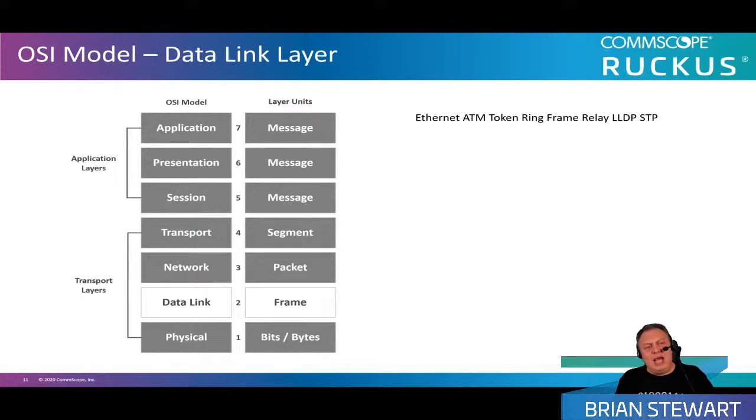Which then brings us down to the data link layer, or layer 2. This is where you have things like Ethernet, ATM, token ring, frame relay, link layer discovery protocol, spanning tree protocol. And again, you have sub-layers that exist within this. Spanning tree protocol or link layer discovery protocol, those would run on top of something like Ethernet.